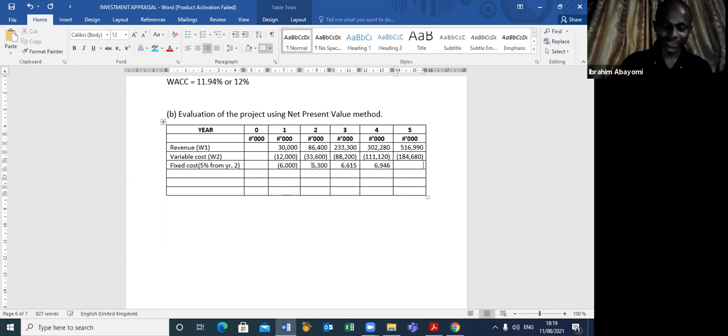Please ensure you are doing it along with me so that you'll be sure of our figures. Then 7,293. So all these are costs, so I will put them in brackets.